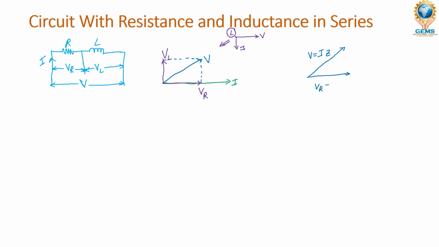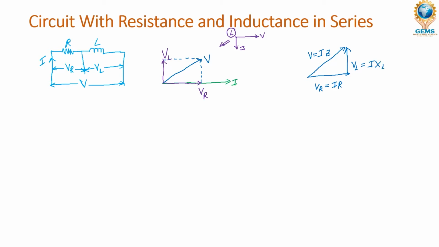VR equals I into R in case of a resistive circuit. And next we have this, VL. VL equals I into XL.